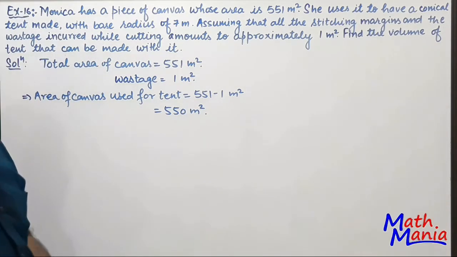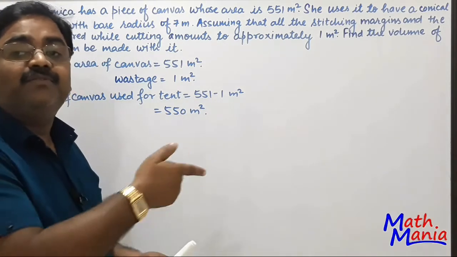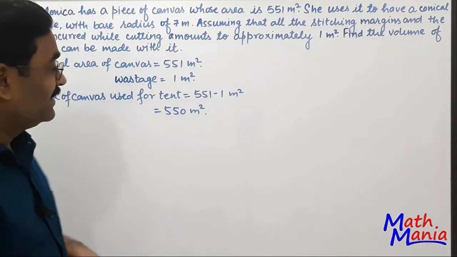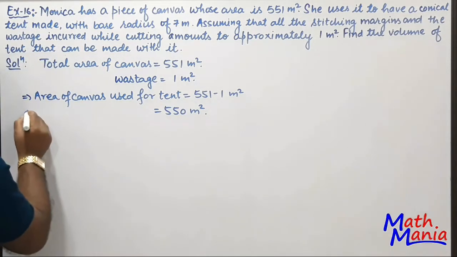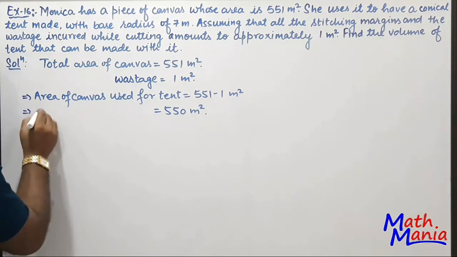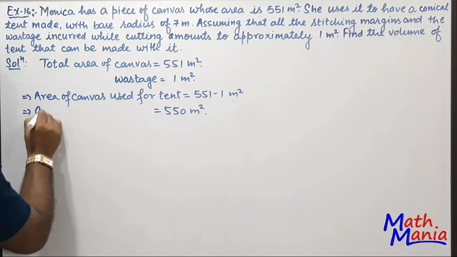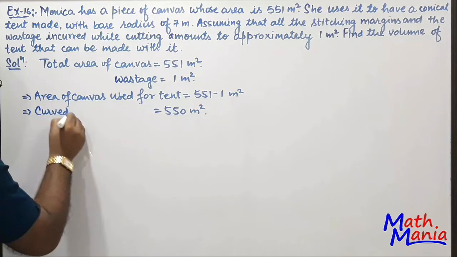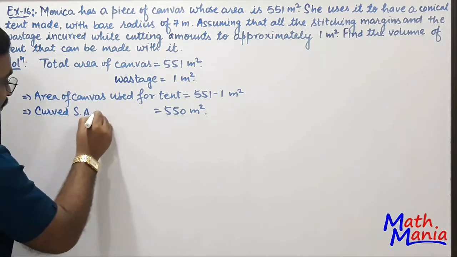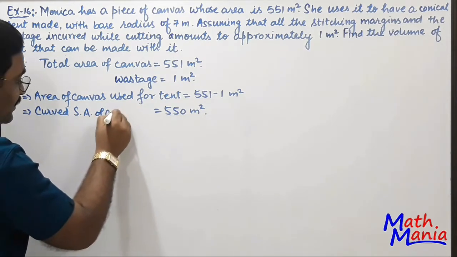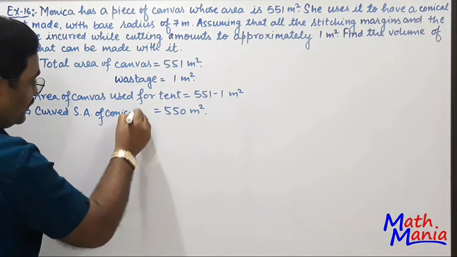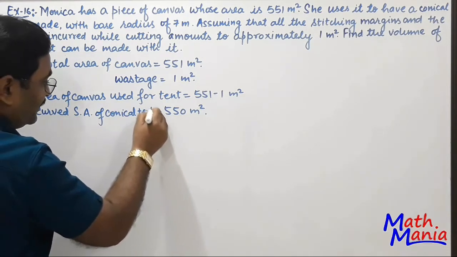This area of canvas will be the curved surface area of that conical tent.